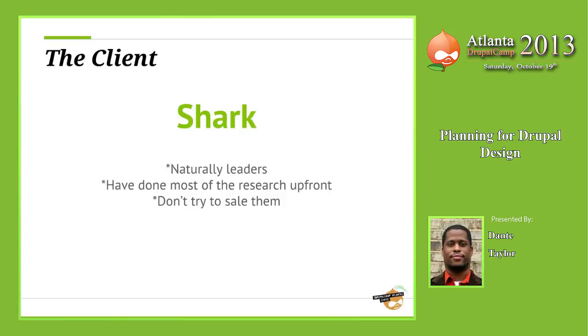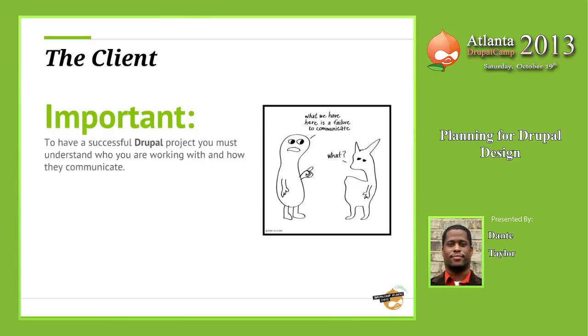Now, all this is important for building a strong Drupal plan. Here's the important fact: to have a successful Drupal project, you must understand who you're working with and how they communicate. A lot of times people think Drupal is all about the technical part: what module do I get, what color do I pick, or what theme do I get?